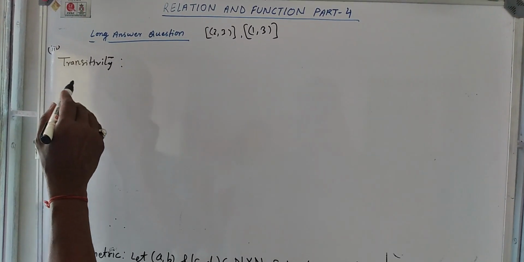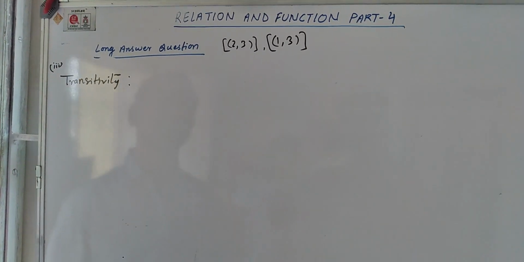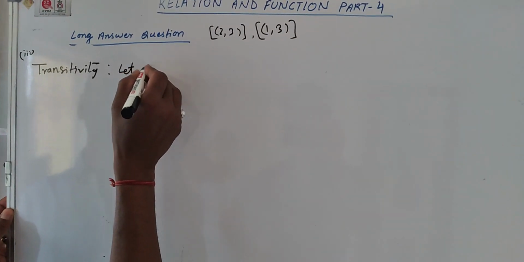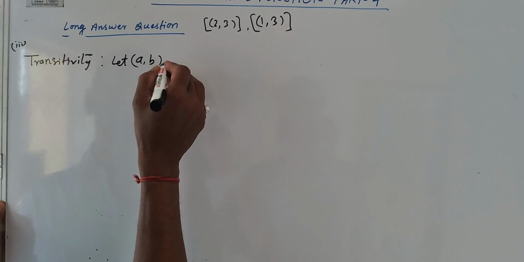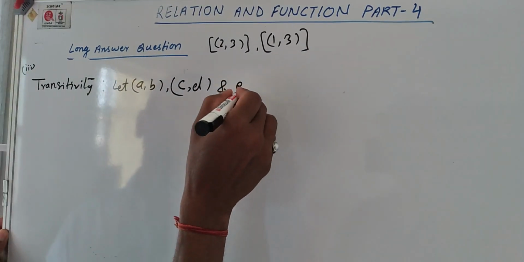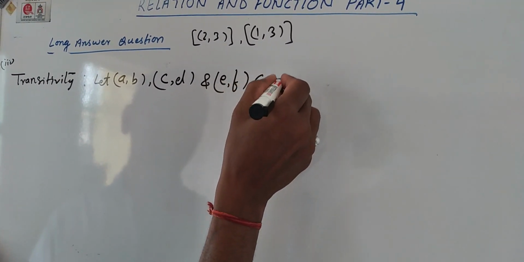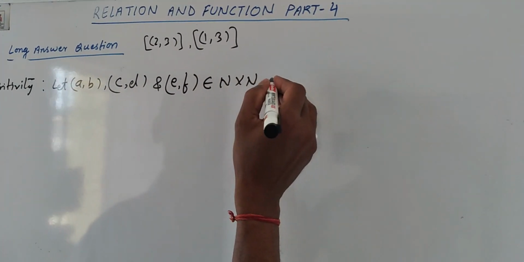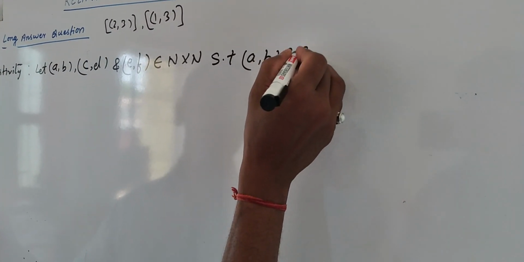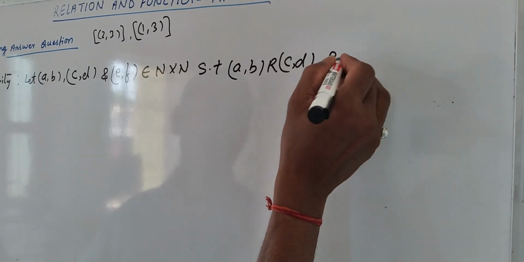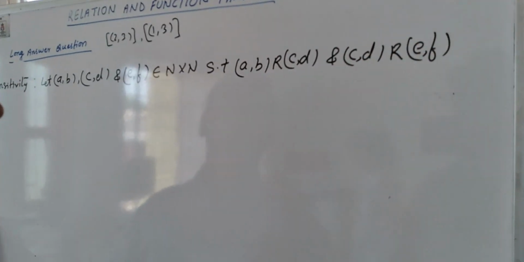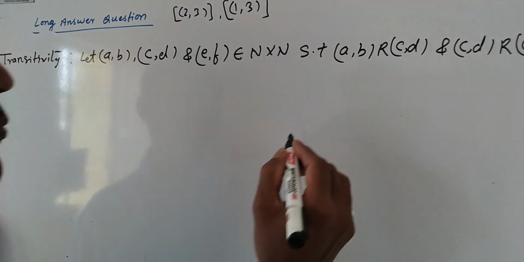Next part is transitivity. For transitivity, we take three elements in N cross N. So let (a, b), (c, d), and (e, f) be three elements in N cross N such that (a, b) is related to (c, d) and (c, d) is related to (e, f). Now what we have to prove?